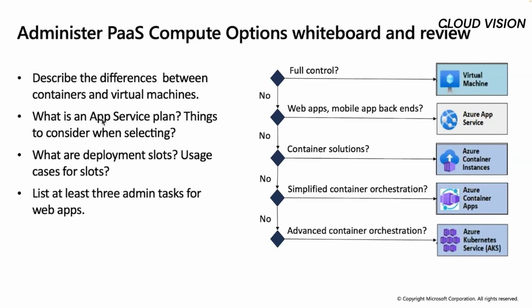Containers are deployed with Docker and orchestrated with AKS, Azure Kubernetes Service, and VMs are deployed and managed using different tools within Azure. Containers can also use local disk and file shares, whereas a VM uses a virtual hard disk and file shares. That's a high-level difference.